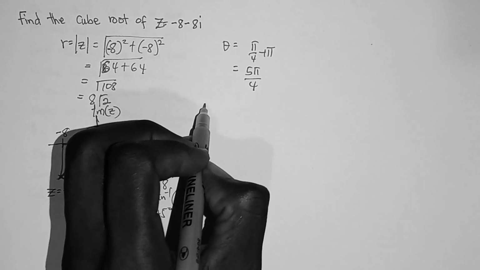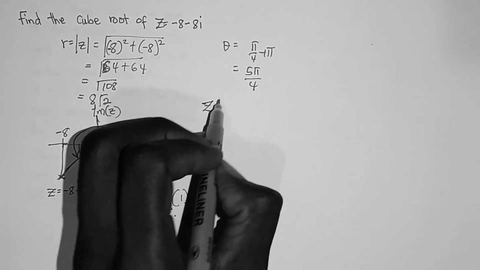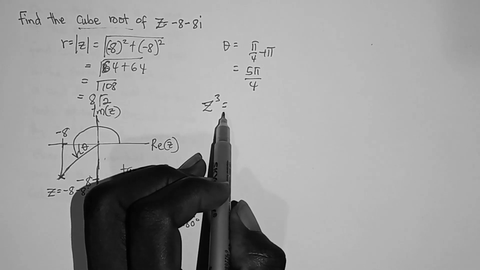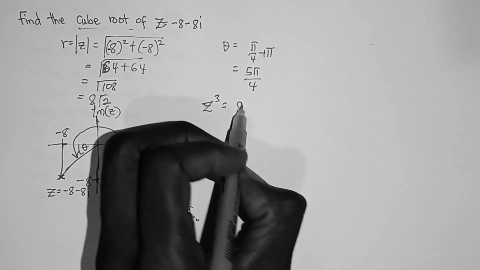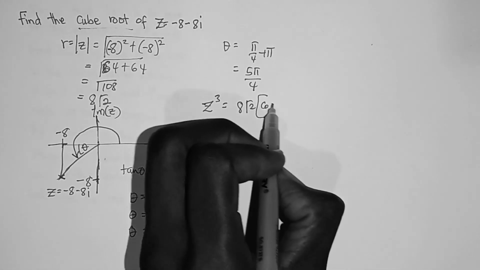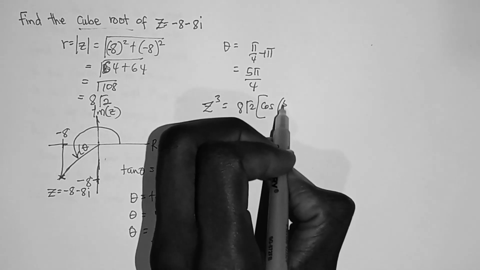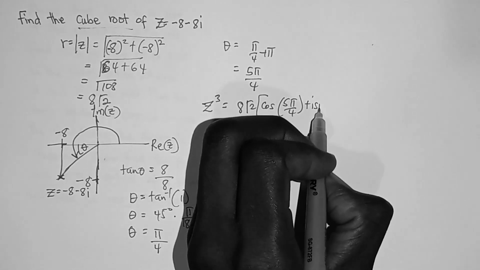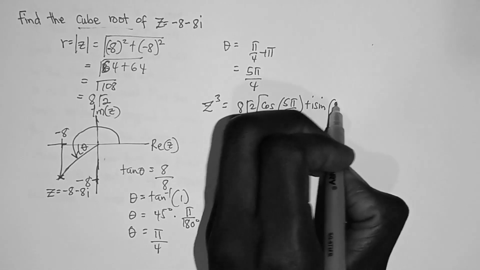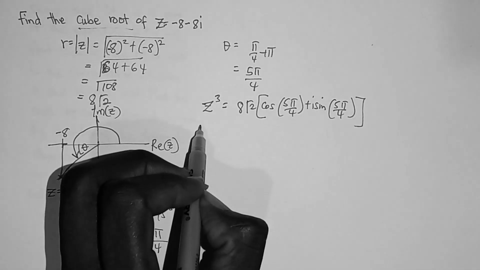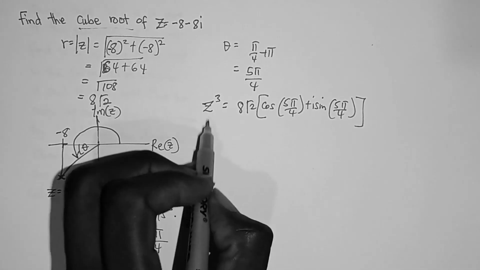So z cubed is equal to 8 root 2 then times, in polar form, cos 5 pi over 4 plus I sine 5 pi over 4. Now let's find the root.